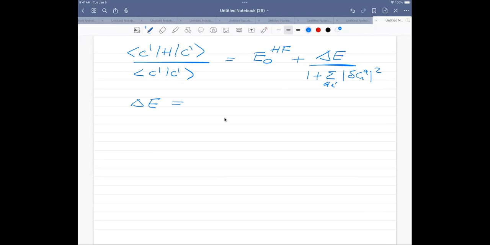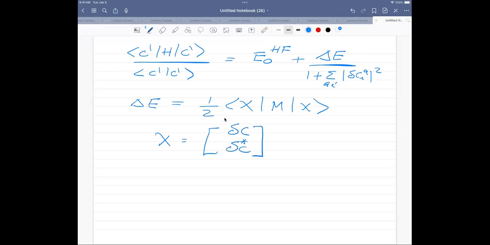And I can rewrite this in terms of a matrix where I have a factor of a half. And you will see quickly why we have this factor of a half. So this vector X contains now a delta C and a delta C conjugate, complex conjugate. And the matrix M, so the factor of a half, follows from the fact that the matrix is here.